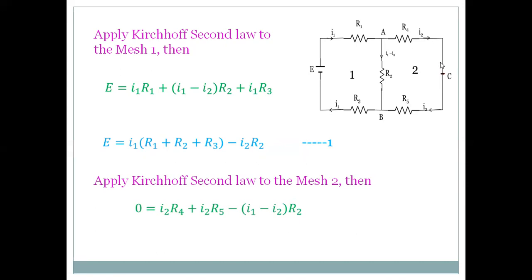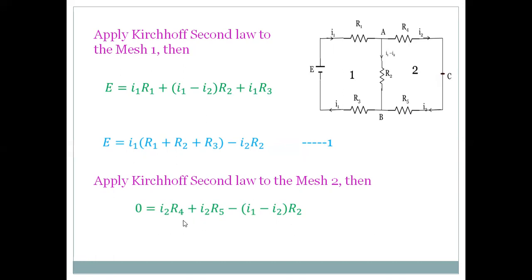Here I2 and I2 across the resistances R4 and R5 are in the same clockwise direction, so they may be taken as positive. So I2 R4 plus I2 R5 minus, because I1 minus I2 is in the anti-clockwise direction in mesh 2, so minus (I1 minus I2) into R2.